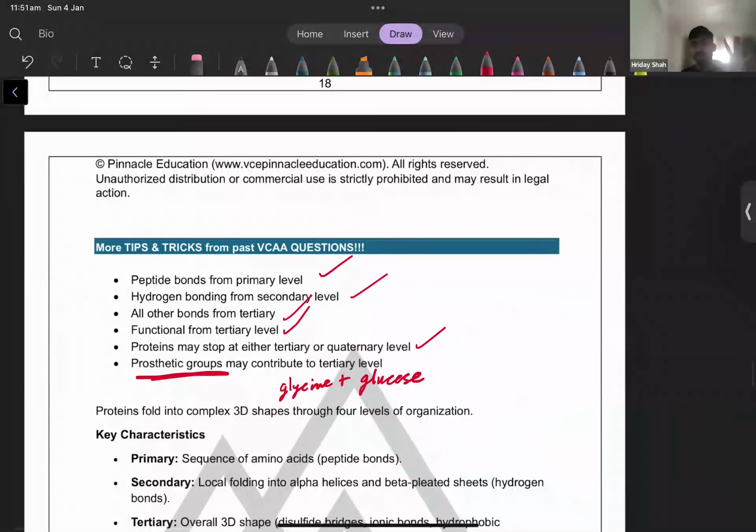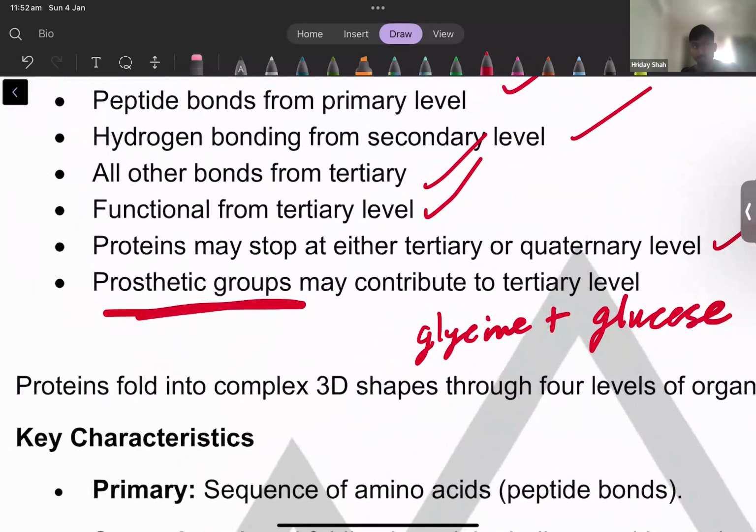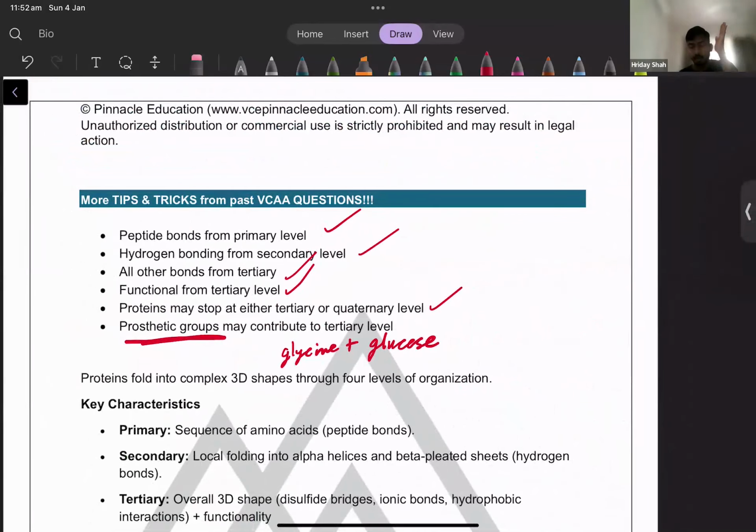In terms of the tertiary level, though, you must have at least one polypeptide chain. Now, the second or the third, the other chains, they can be polypeptide chains or they can be prosthetic groups. A polypeptide chain with a prosthetic group will count as tertiary because it's counted as two separate chains.